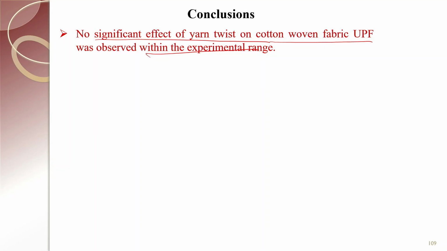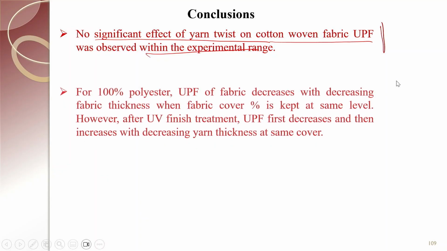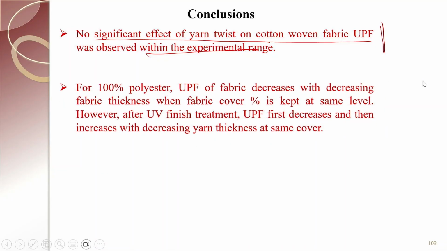Beyond that zone, or if we do another study, we may get a different result, but within our study we have observed this trend: for 100% polyester, the UPF of fabric decreases with decreasing thickness.